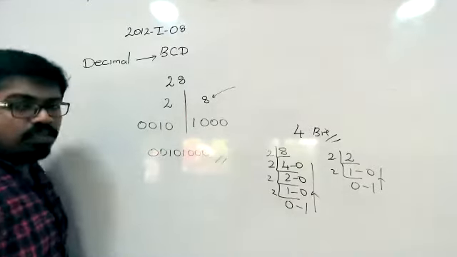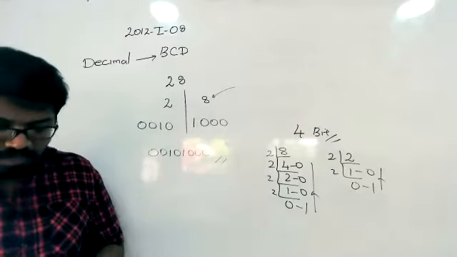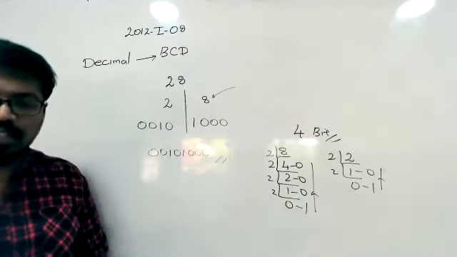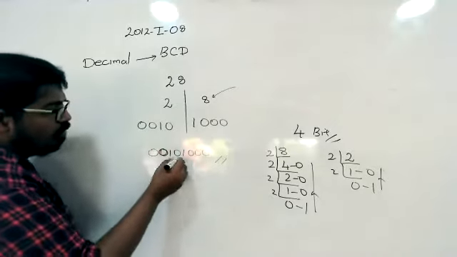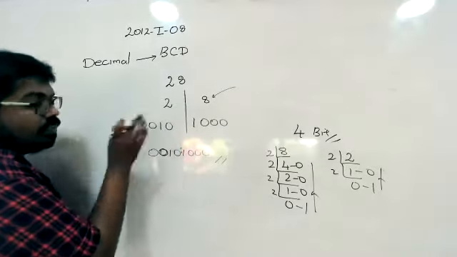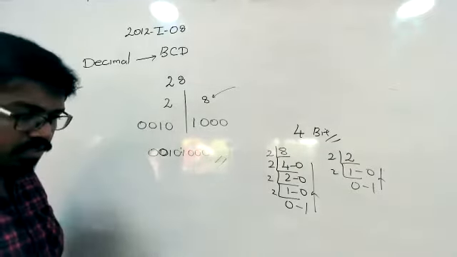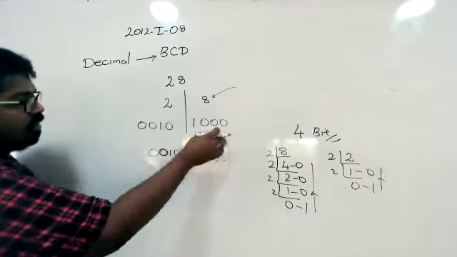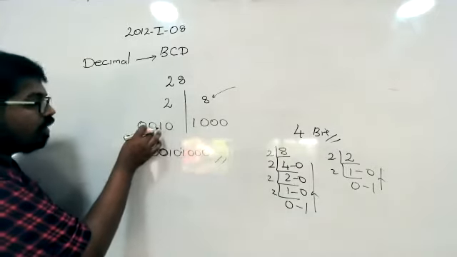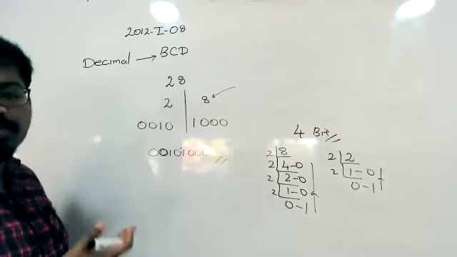When you are doing a BCD conversion, you have to write the zeros in front to make sure it is 4 digits. It's a must to have 4-digit conversion. When you have only 2 digits, you have to add more zeros in front.